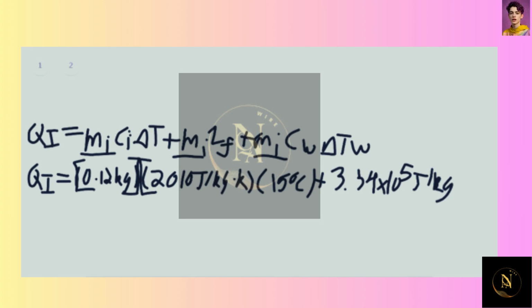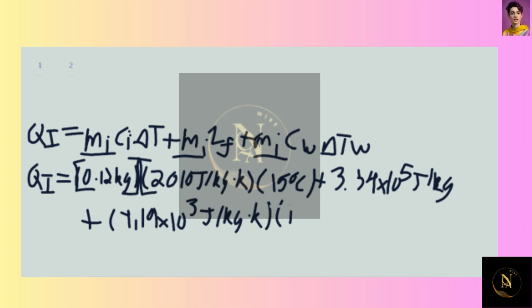And then we have plus M's pulled out, C for water, 4.19 times 10 to the 3rd joules per kilogram K, times change in temperature T, that's our final that we're looking for, minus 0. That's what it melted at.